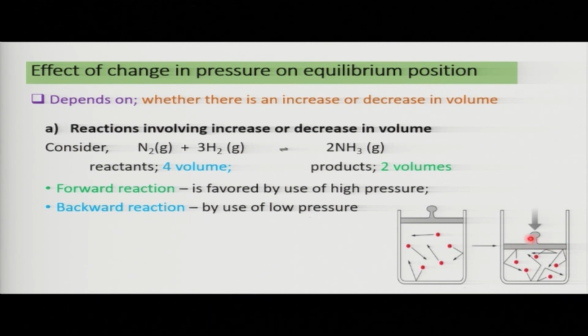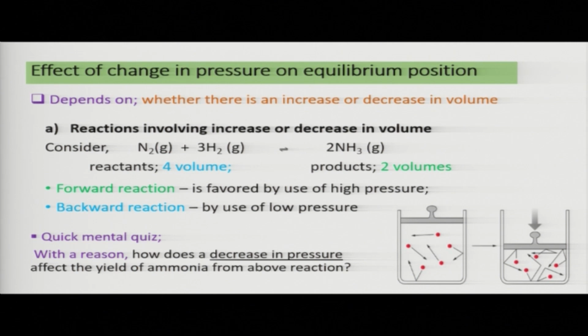As you release the pressure, when pressure is low, then you favor expansion. So you will favor decomposition of ammonia to nitrogen and hydrogen. I think there you quickly see what we mean in terms of low and high pressure and how it affects the forward and the backward reaction.